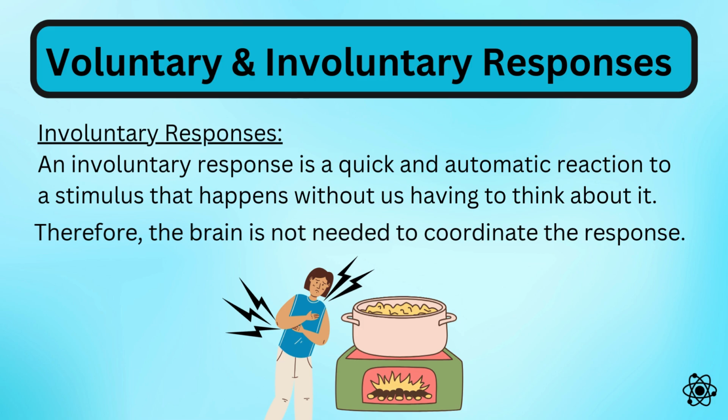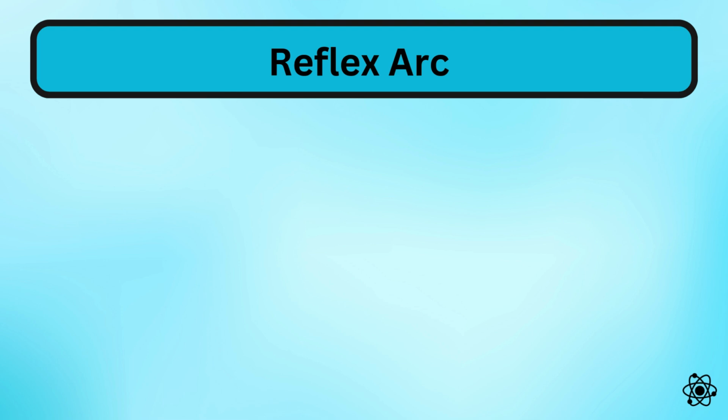These quick responses are very important for survival since voluntary responses take longer. An example of an involuntary response is when we touch something hot and our hand quickly pulls away before we even realize it's hot. So, as we just learned, an involuntary or reflex response is a fast and automatic reaction that doesn't involve the brain, and it helps protect the body from harm.